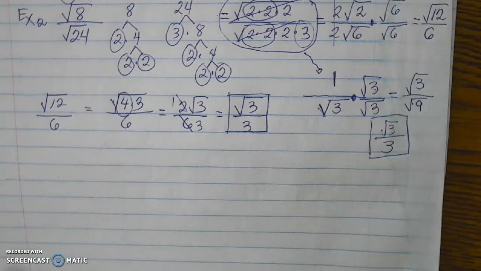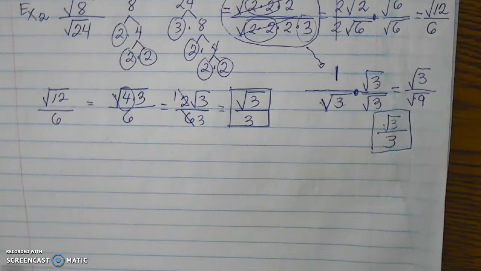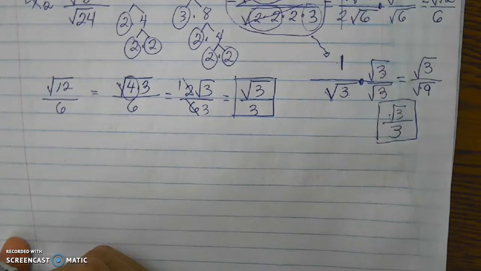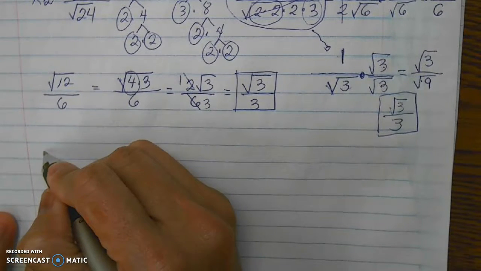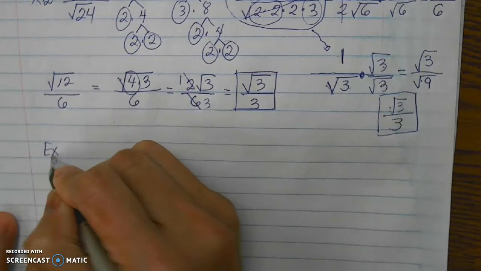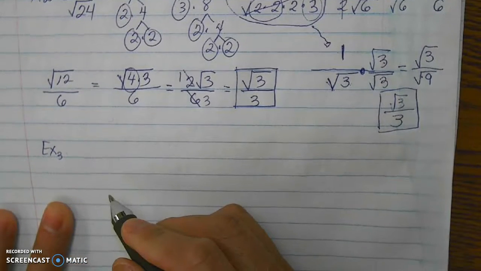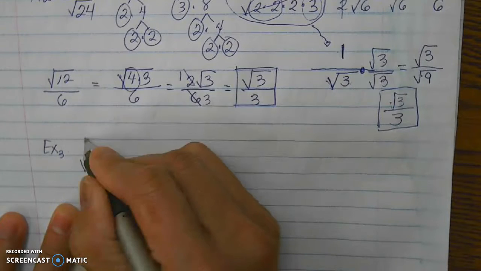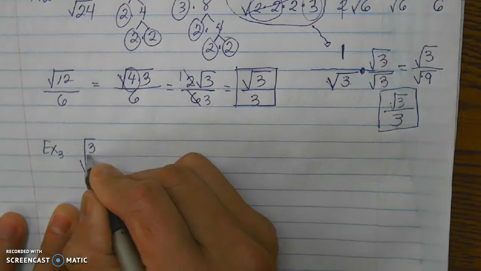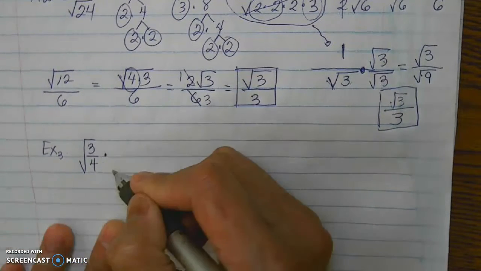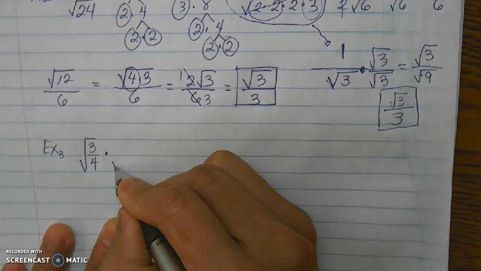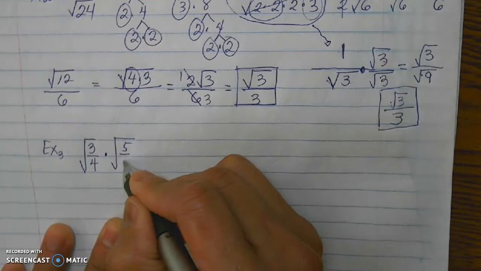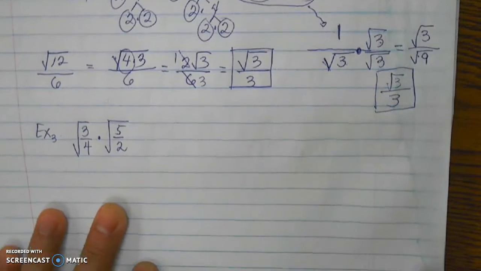Okay, for our next example, I want to do something like this. Example number 3. Big radical 3 over 4 times square root of 5 all over 2. Okay.